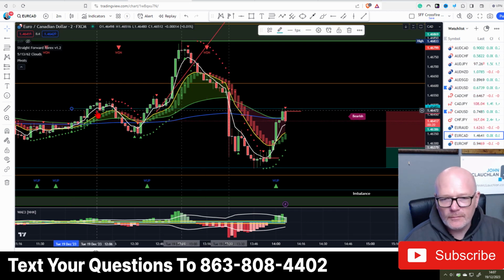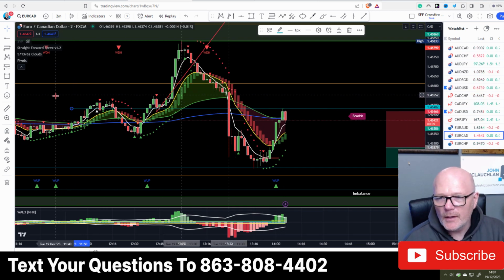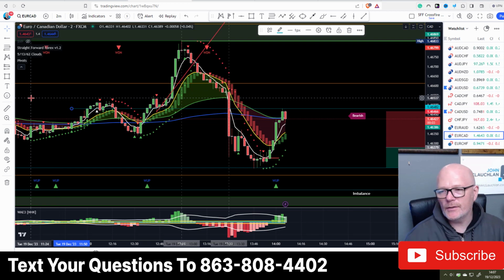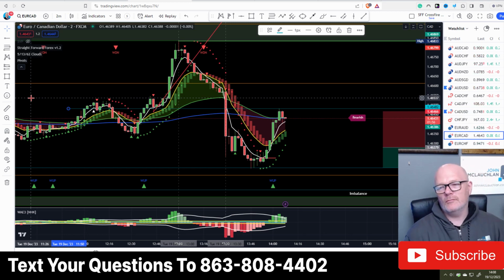Look at that, that's where it should have been, at that point there. Then you go, if price is going up, where could it go to again? Maybe this area here. So you get used to price action and whether a trade is a good trade or not a good trade.